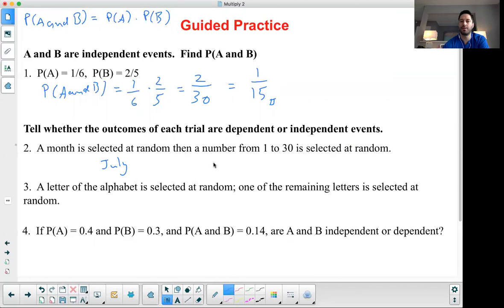Okay, and then you go to a deck of cards and you pick maybe a 7. Was that affected by this? No, right? So these events would be independent.